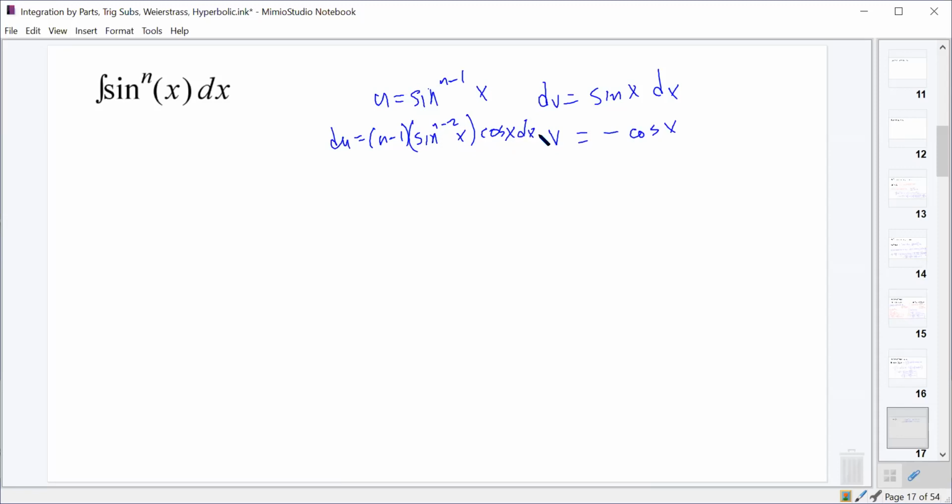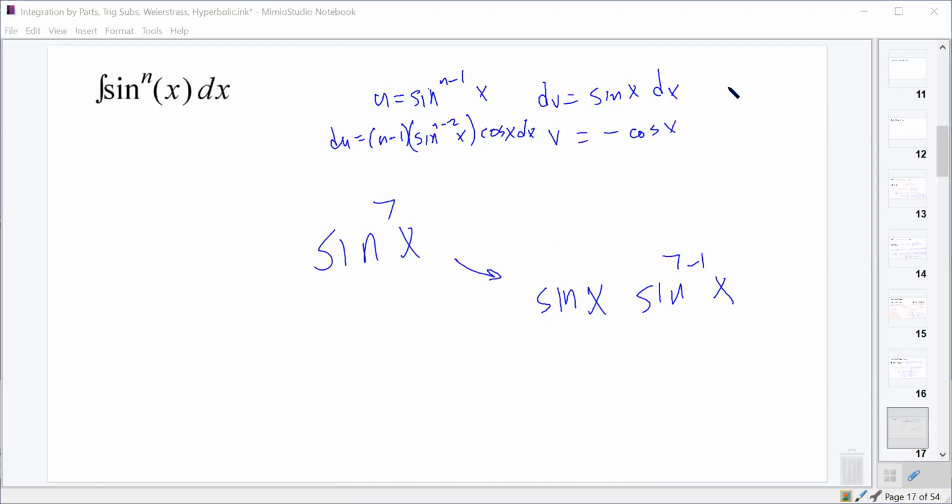Everybody good with that being the derivative of sine to the n minus 1? It's sine to the n minus 1 in the first place because, well, suppose this was sine to the 7th of x that I started with, and I took out a sine of x. Well, what's left? It's sine to the 6th of x, right? Whatever that n is minus the 1. Good with that or no?